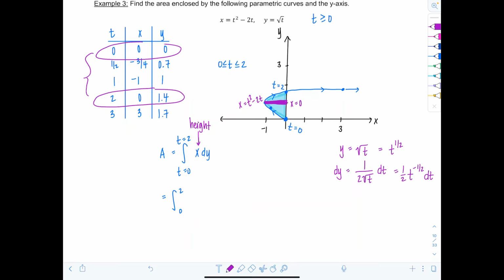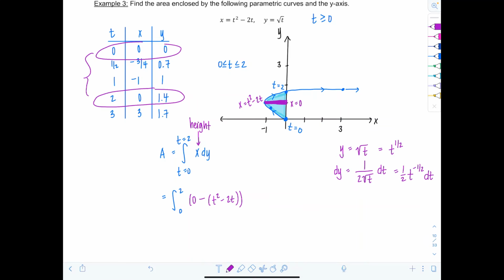And since it's bounded between those two, I'm going to have to take the right minus the left, or basically 0 minus (t squared minus 2t). We didn't have to worry about that in the last problem because the curve went above the x-axis, so you subtracted 0, but you didn't really notice it. But since this one's to the left of the y-axis, we have to make sure we remember to subtract the 2t.